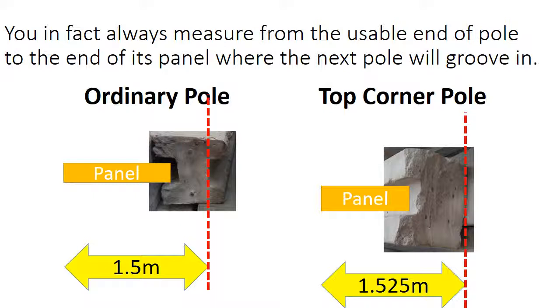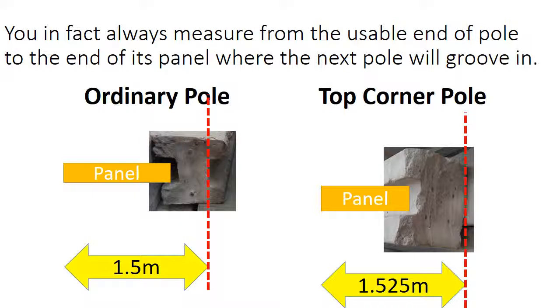If you look at an ordinary pole, the outside of the groove you do not use. For measuring purposes you only take into consideration the inside curve plus a part of the middle stabilizing section, and the same applies to the corner poles.